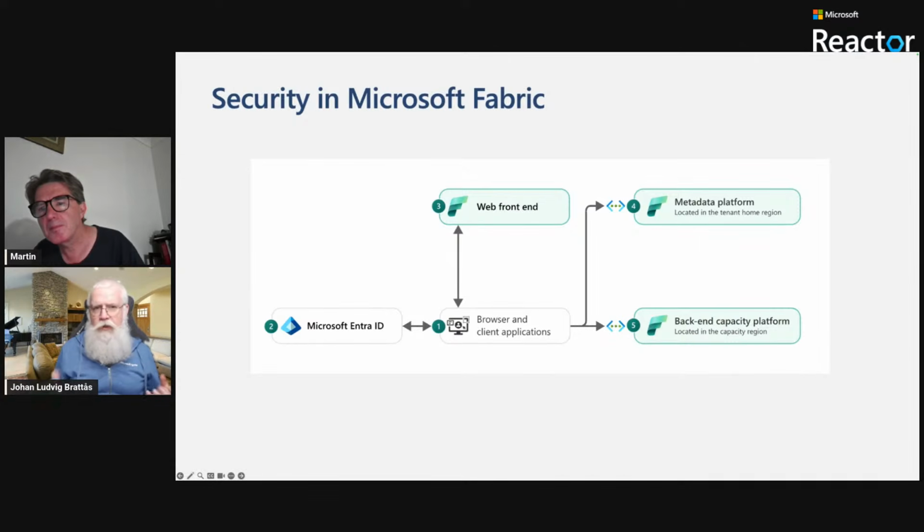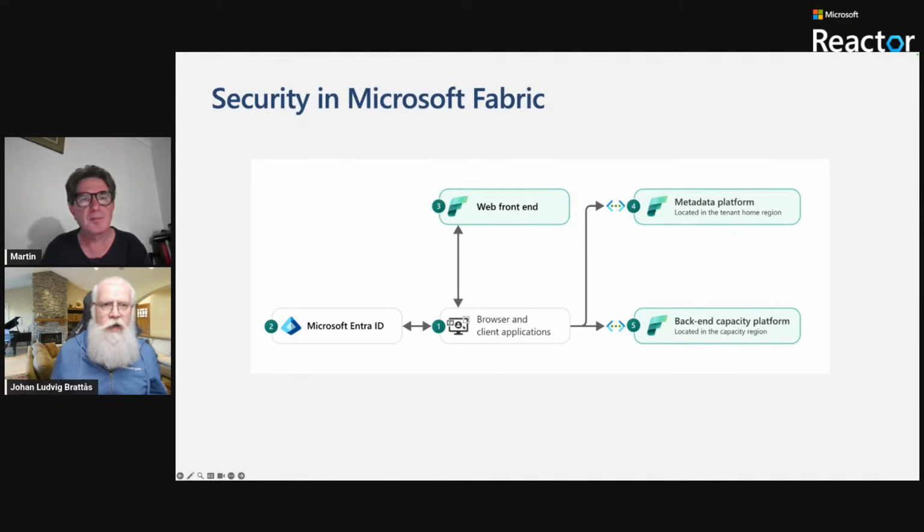A lot of the work that you do, for instance with all the drag and drop low-code user tools, happens in the web front end. And then when you're done and you publish, it will be sent both to the metadata platform, but also to the backend capacity platform, where it will be deployed and created.